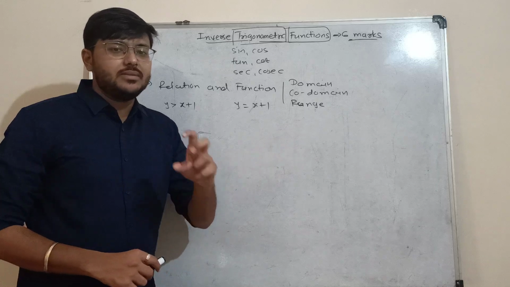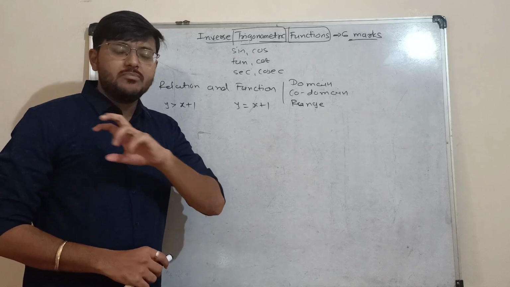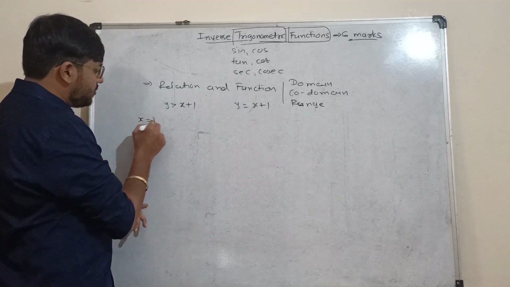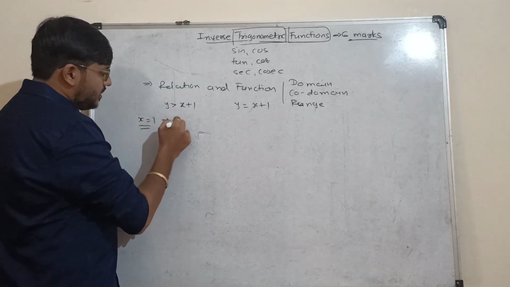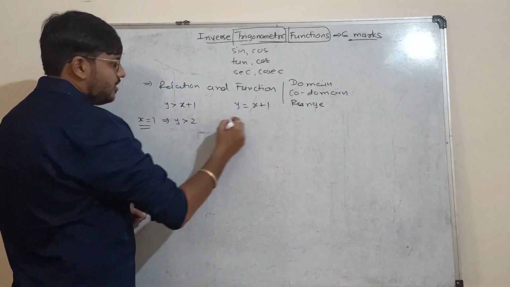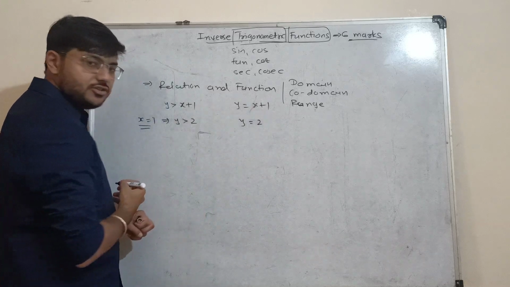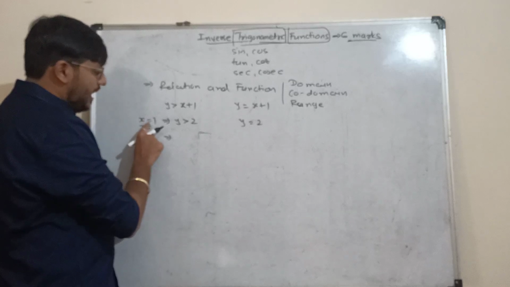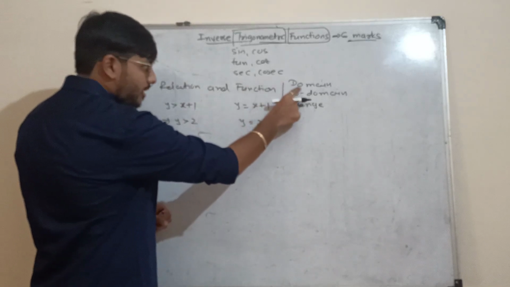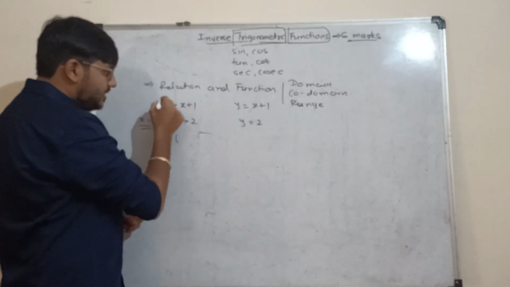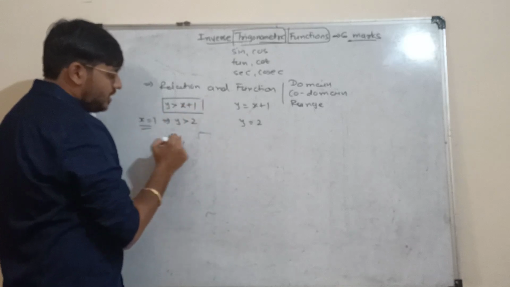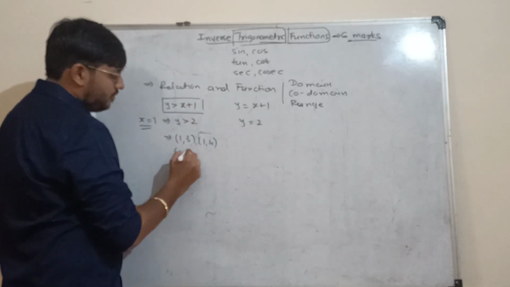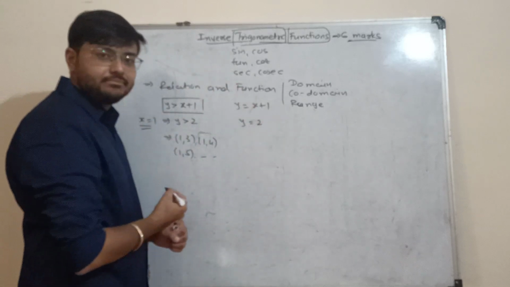But let us take some ideal condition for the simple understanding of relation and function. If you put x equals 1, in this case we'll get y greater than 2, and in this case we'll get y equals 2, right? So number of pairs, so I take x equals 1 from the domain. So number of pairs in this equation are (1,3), (1,4), (1,5) up to infinity.